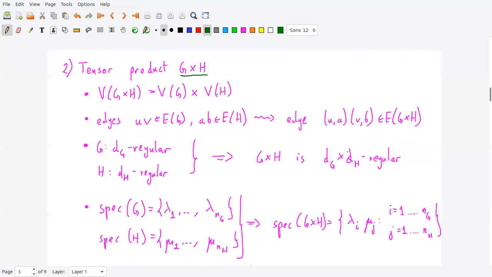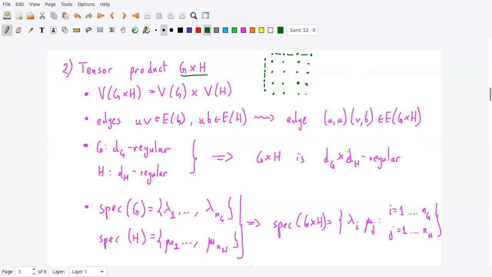So you can think about the vertices of the product as pairs of vertices of the original graphs. For instance, if I take a path and make a tensor product of it with a path, then the vertex set will essentially be a grid. For every row and column, I will have a vertex.